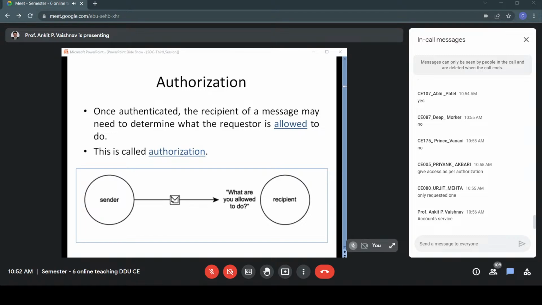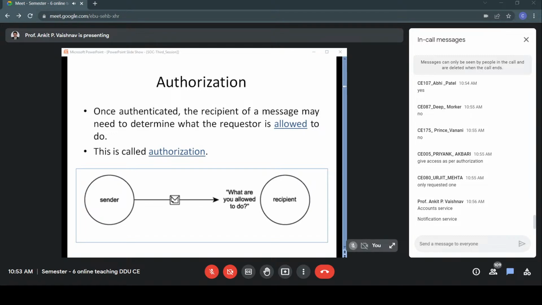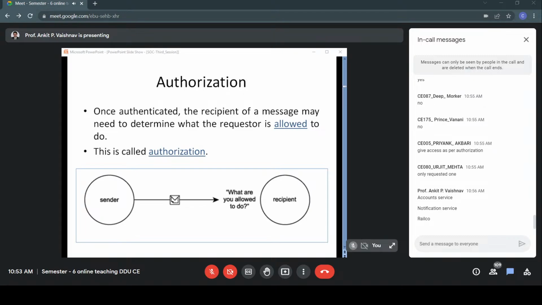Now the point is, next time, after 10 minutes or after one day, you have to connect to, let us say, the notification service. Both these services, account and notification, belong to Railco, for example.